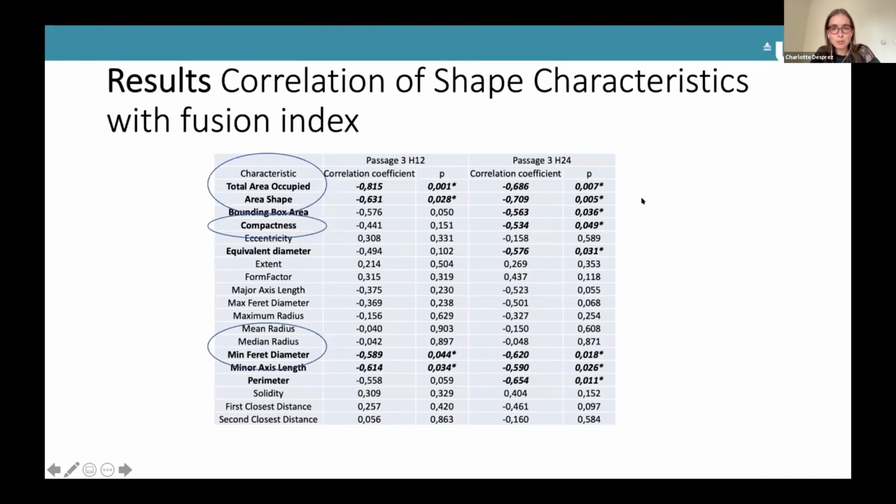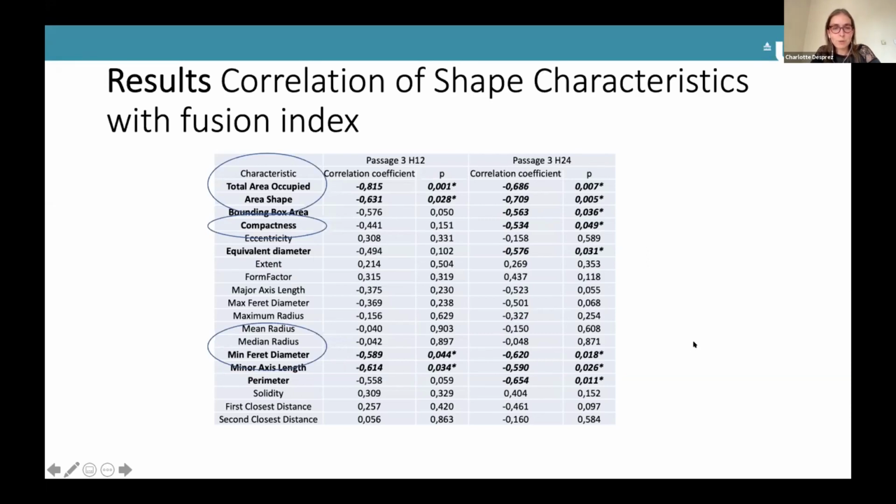We also found a negative correlation with these features at 24 hours, but also with the bounding box area, the compactness, the equivalent diameter, and the perimeter of the cells.